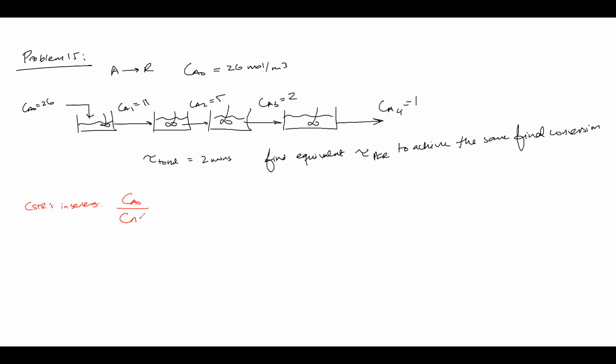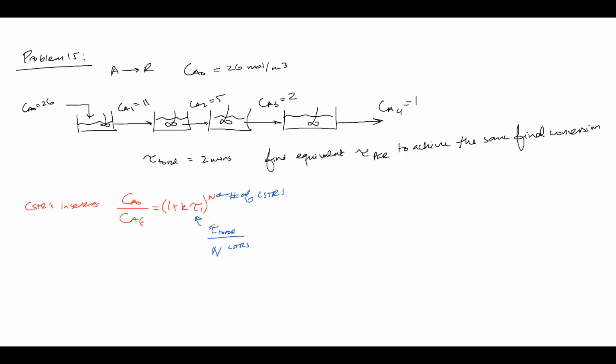Ca naught over CAF is equal to 1 plus K tau i to the power n, where n in here is not the order of the reaction. n is the number of CSTRs. Tau i is equal to tau total divided by n CSTRs. Whenever I tell you you have 4 CSTRs in series, or 50 CSTRs in series, I'm looking specifically for this expression.